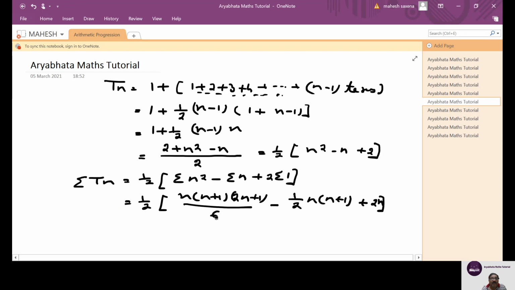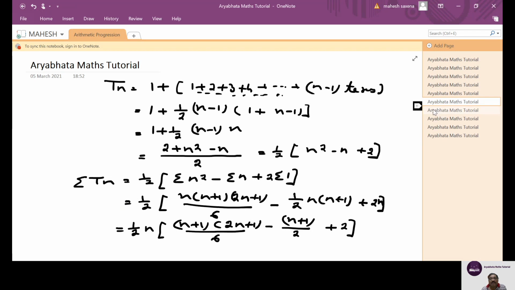Now take n common. Therefore it will be 1 by 2n, n plus 1, 2n plus 1 upon 6, minus n plus 1 upon 2, plus 2.